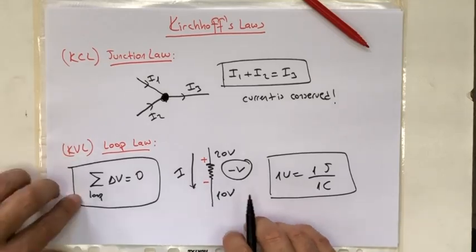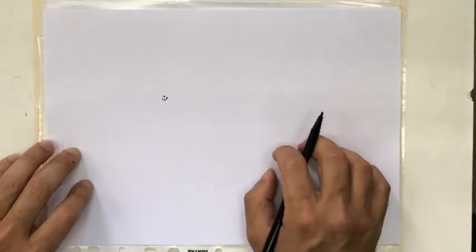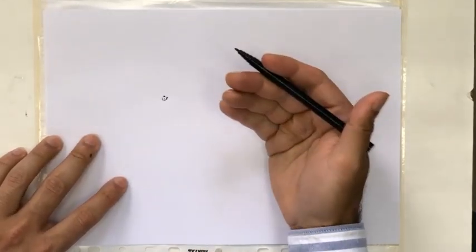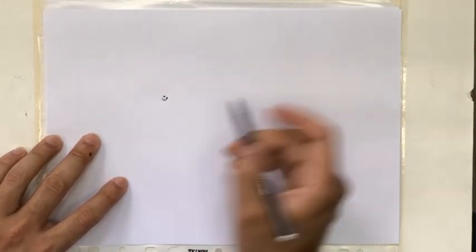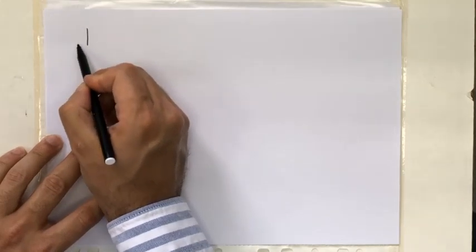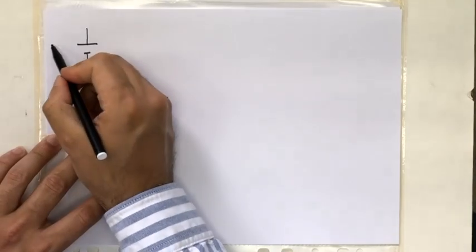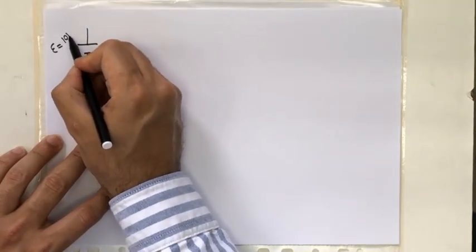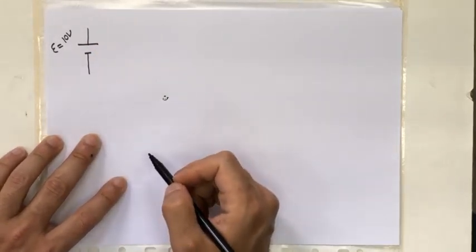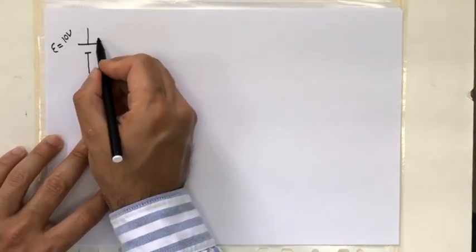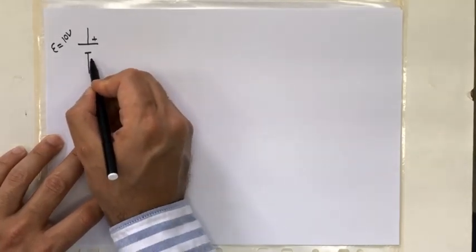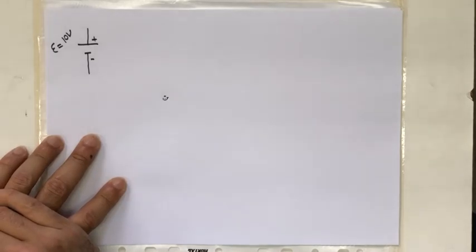Now, if we consider a battery, current can flow from low potential to high potential. Let's draw the battery here, say it is 10 volts. As we know, this part is the positive pole and this part is the negative pole.